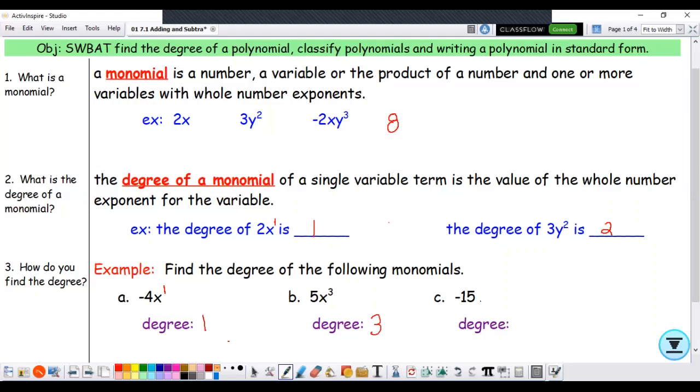For negative 15, we do not see a variable, so let's just give it a variable x. In order for a variable to not be shown, that would mean its exponent is 0. That means its degree is 0. So when you have a constant term with no variable, its degree is actually 0.